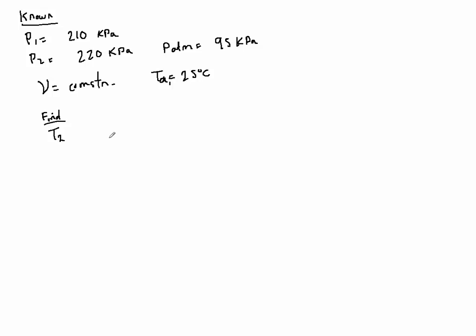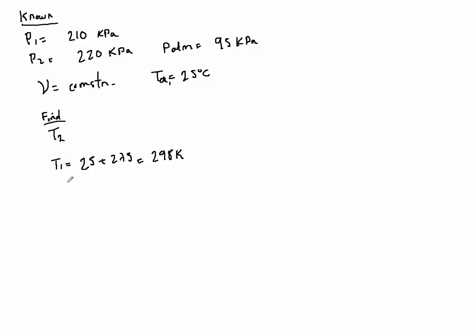Okay, so for us to be able to use ideal gas laws, we always need to be in absolute values, both for pressure and temperature. So the first thing that we're going to do is calculate T1, which is 25 plus 273, and that is going to give us 298 Kelvin.